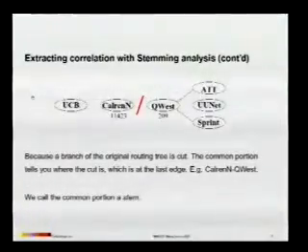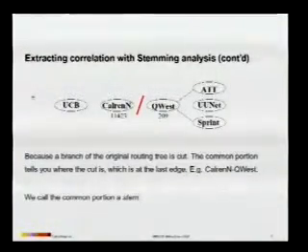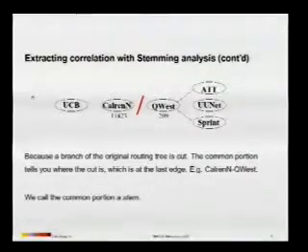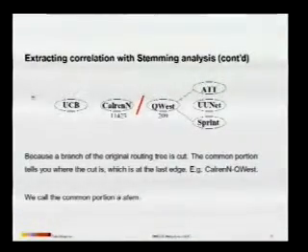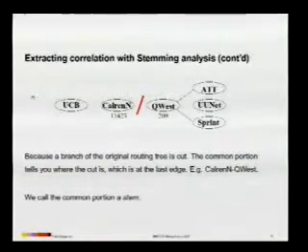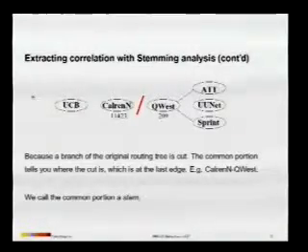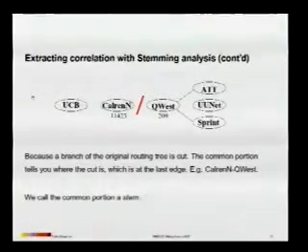That's because somewhere in the original routing tree, a failure happened, a branch was cut. This common portion we call a stem, and stemming analysis tells you where that failure happened. The failure happens at the last edge of the common portion.